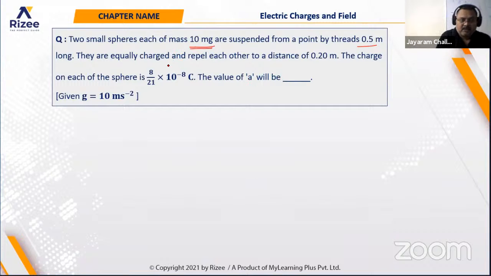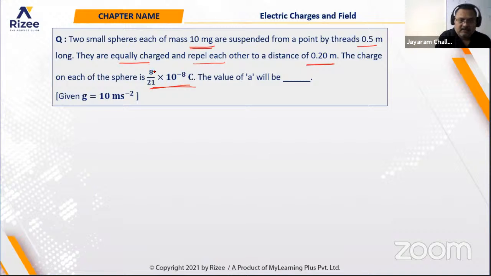They repel each other to a distance of 0.2 meters. The charge on each sphere is given as 8 by 21 into something, 10 to the power of minus 8 coulombs.